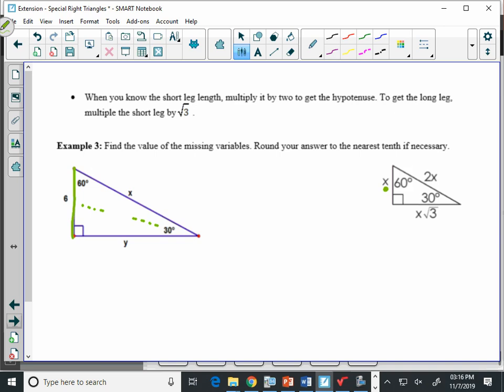To get my hypotenuse, it's saying, take your short leg and multiply it by 2. When we do that, we get 12. To get the long leg, the side across from the 60, it's saying, take your short leg and multiply it by radical 3.